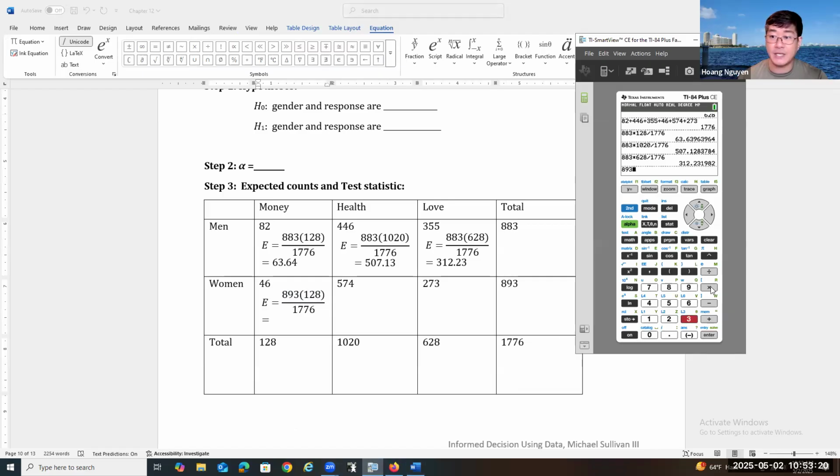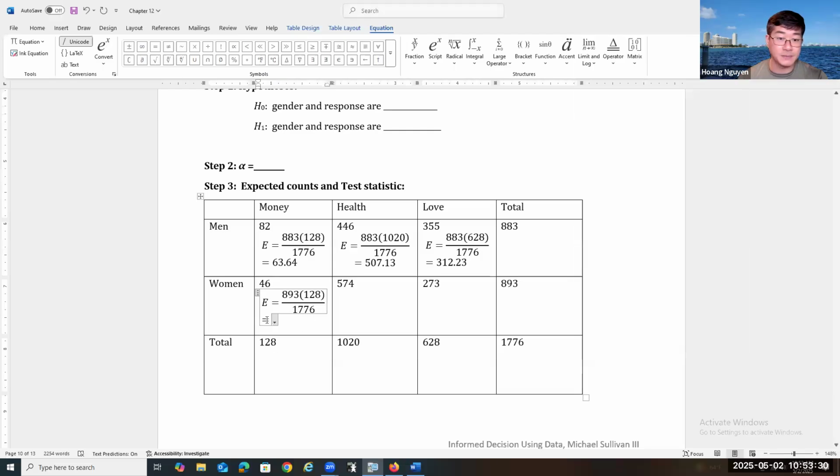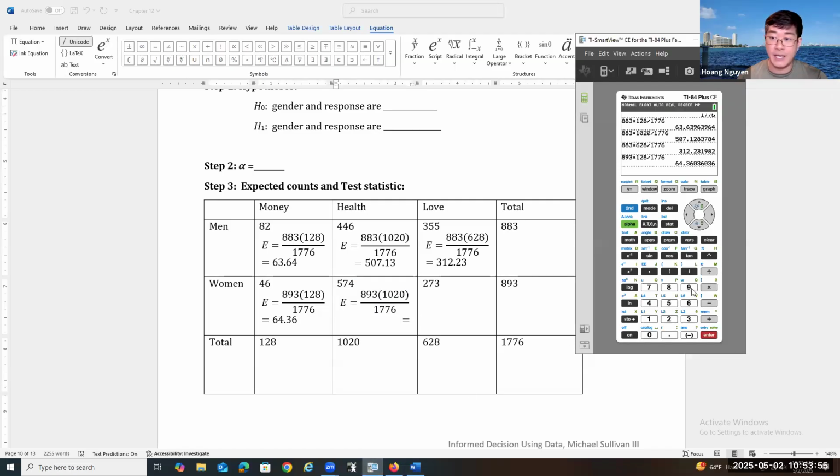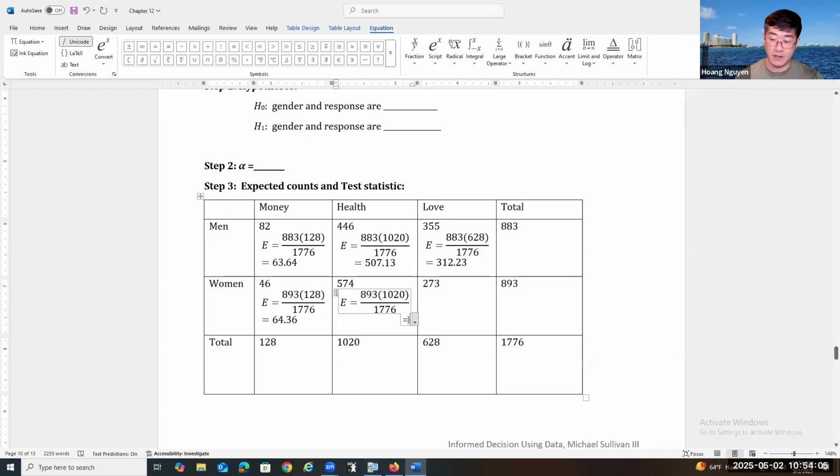So 893 times 128 divided by 1776 is 64.36. For the next one, 893 times the column total 1020 divided by 1776 gives 512.87. Now one more to go.